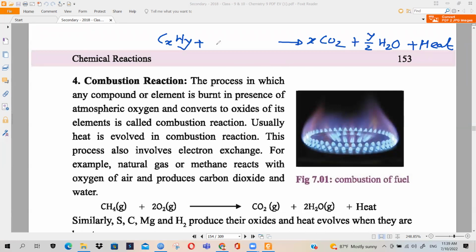Yes, x plus y by 4 O2. So write it down. It's a basic skeletal equation, basic skeletal reaction for any combustion reaction.